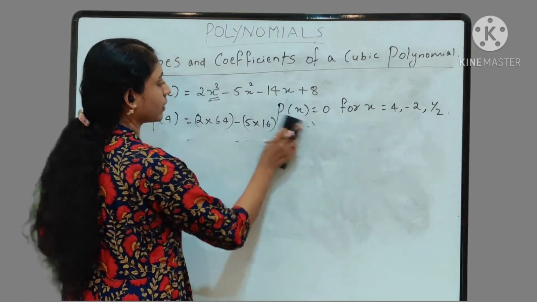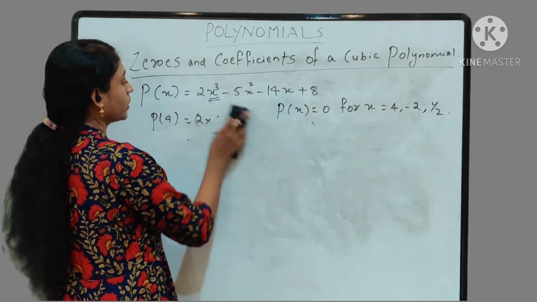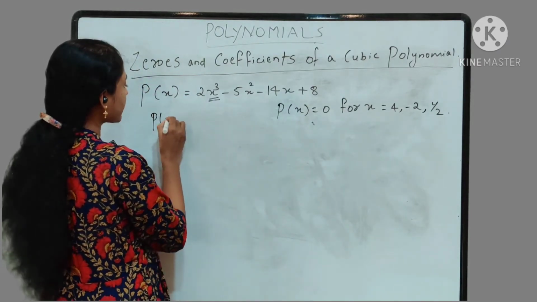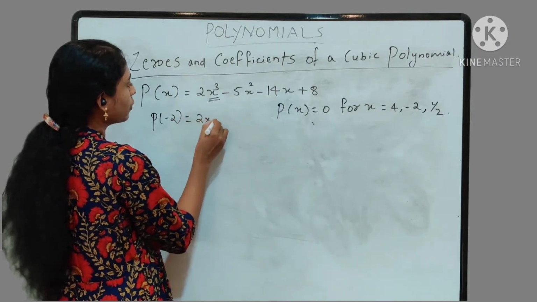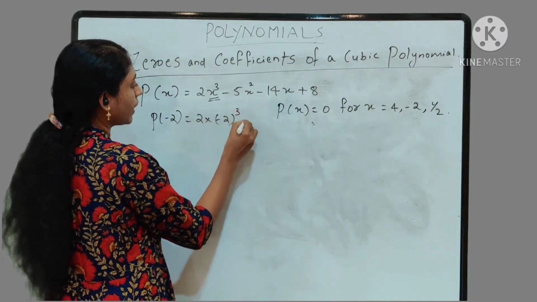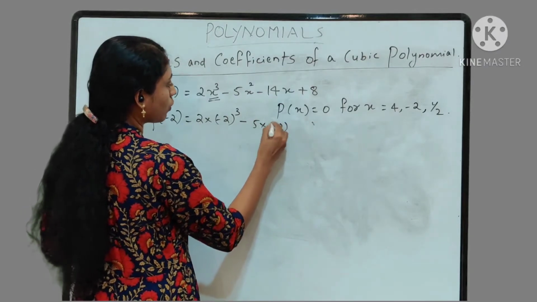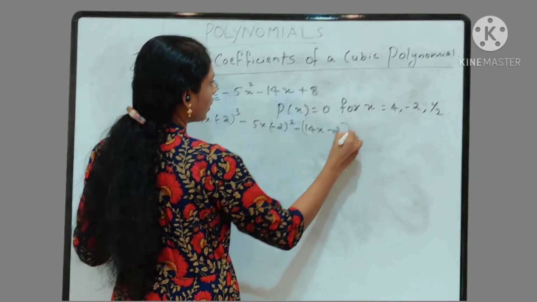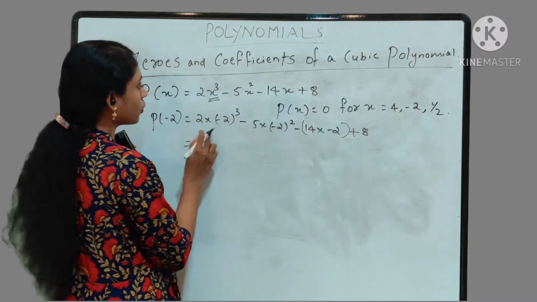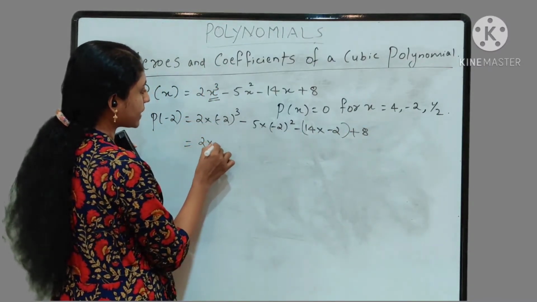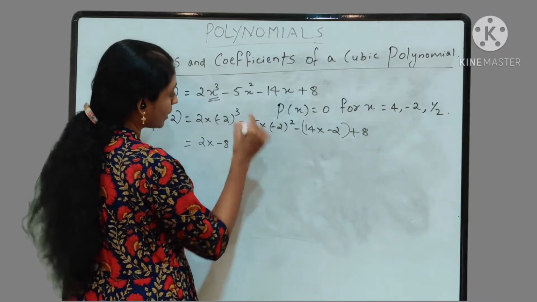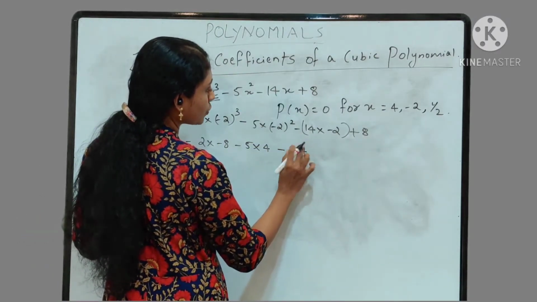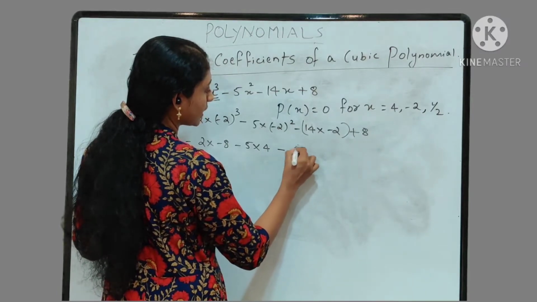X is minus 2. Then does p of x become 0? Let's find out. P of minus 2 is equal to 2 into minus 2 the whole cube, minus 5 into minus 2 the whole square, minus 14 into minus 2 plus 8. So minus 2 the whole cube is minus 8, minus 5 into minus 2 the whole square is plus 4, minus 14 into minus 2 is 28, right?